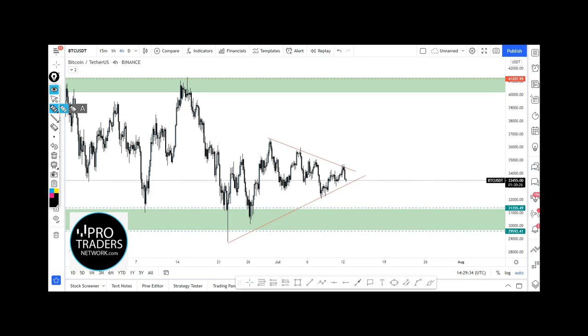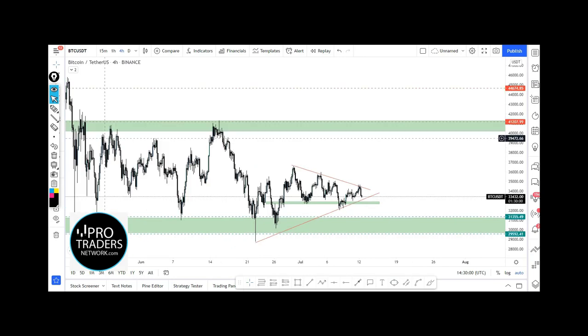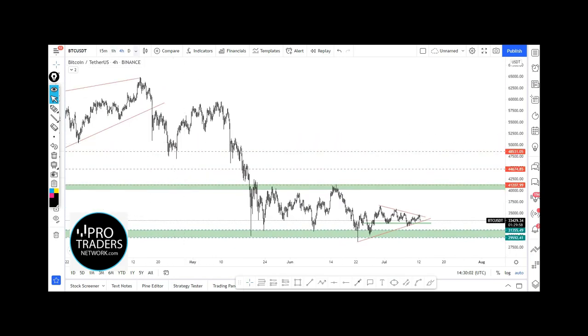What I'll be waiting for is either a break to the upside, retest and continuation toward this level, or if we don't get a break to the upside and instead we break below this level, then this will send it lower toward this area. So that's what I got for the BTC USDT.